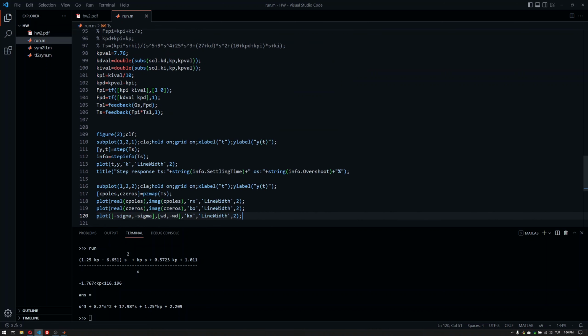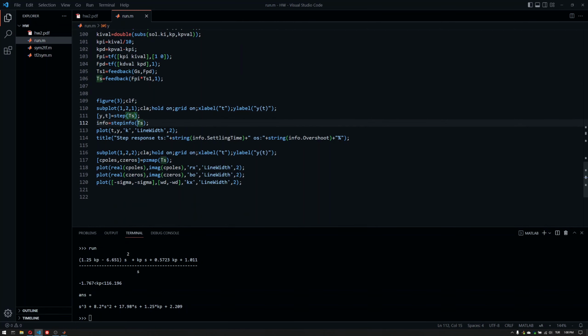So let me just copy and paste it. Let's make it a figure 3, I guess. So here we are using TS, TS, all the zeros, all the poles. We should be good to go.